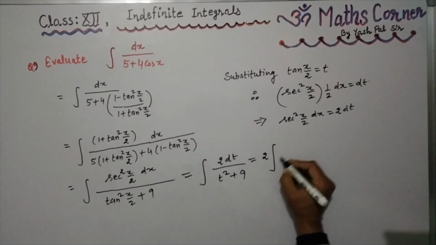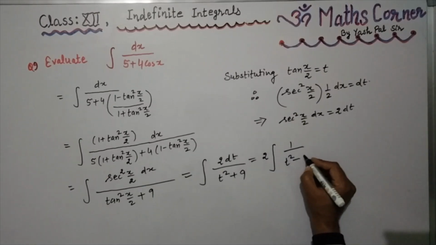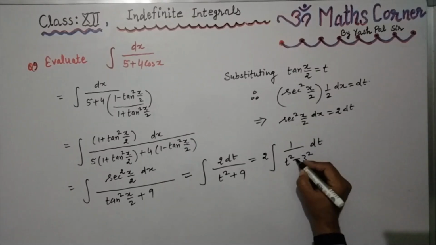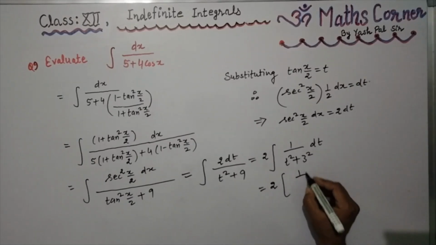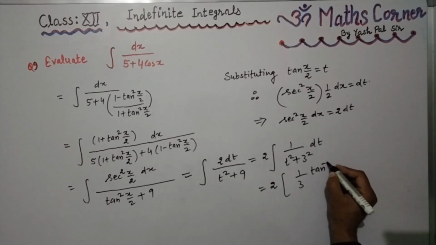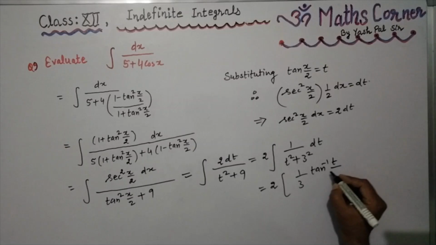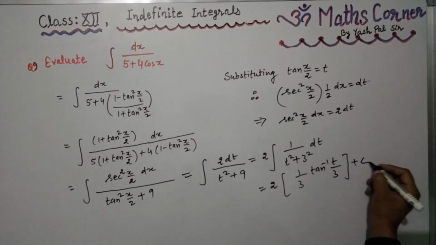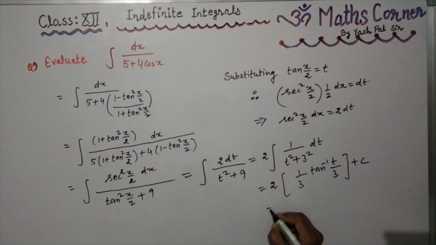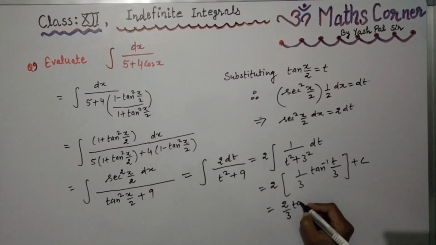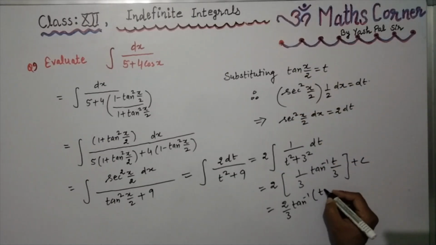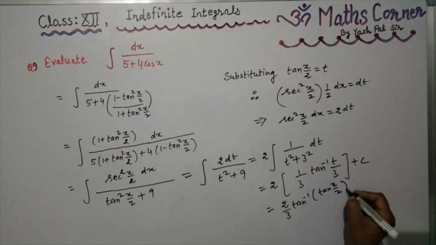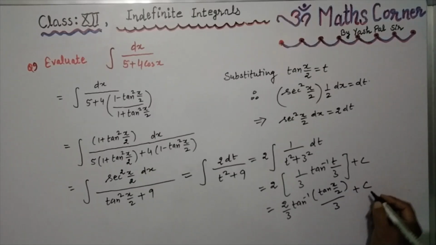So this becomes 2 dt, and in the denominator we have t square plus 9, right? So 2 is outside, integration 1 upon t square plus 3 square into dt, x square plus a square form, which again can be written as 2 into 1 upon a, a is 3, tangent inverse x upon a, t upon 3 plus c, right?